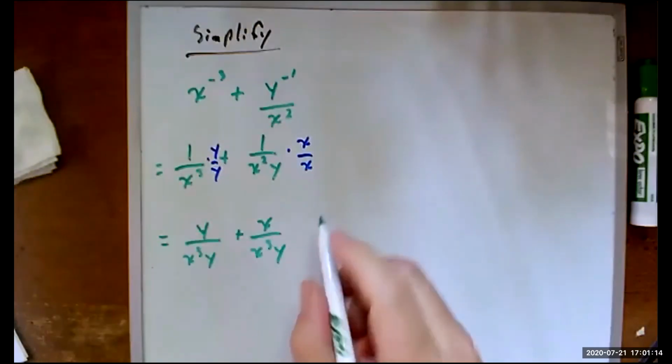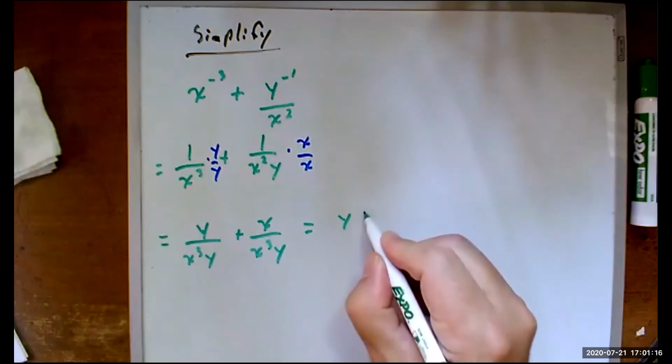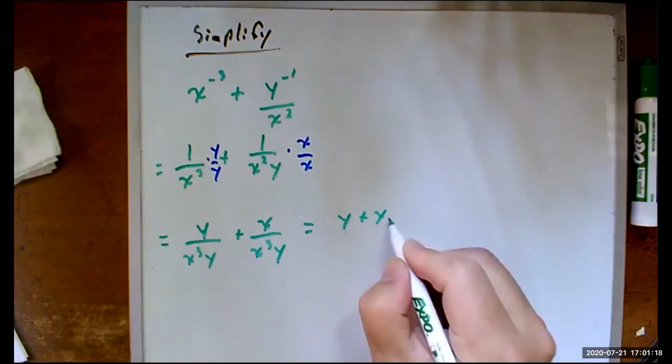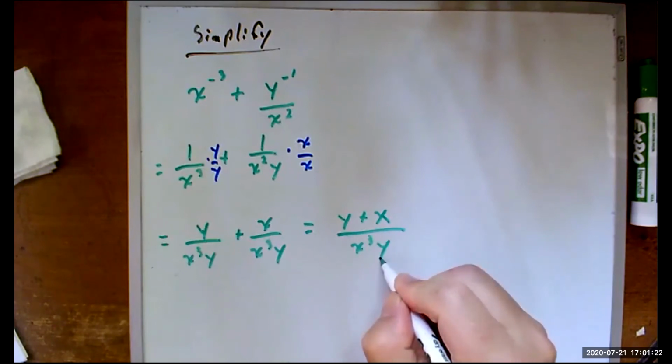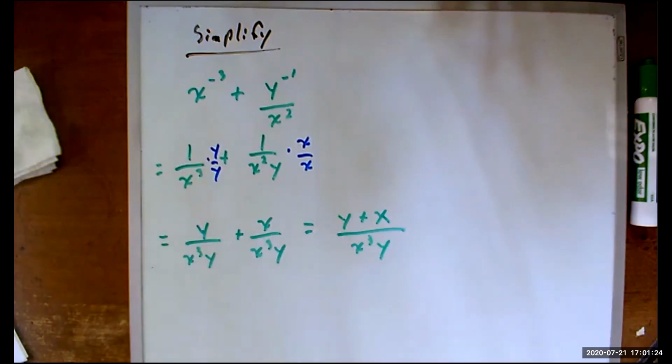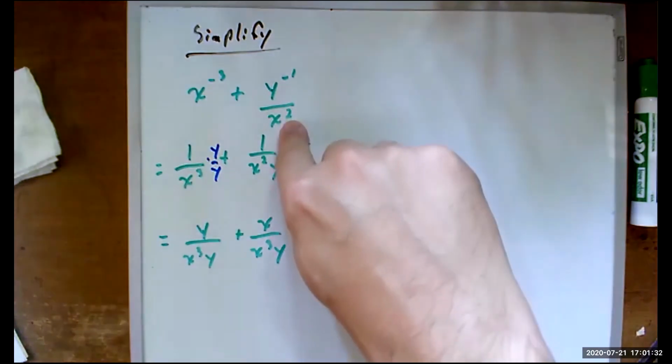And we end up with y over x cubed y plus x over x cubed y, which we can simply leave as y plus x over x cubed y.